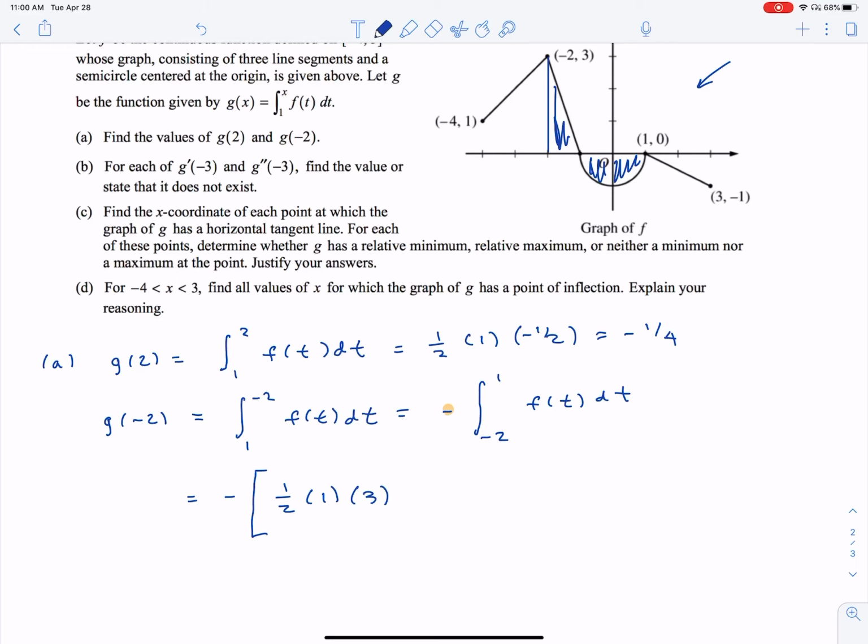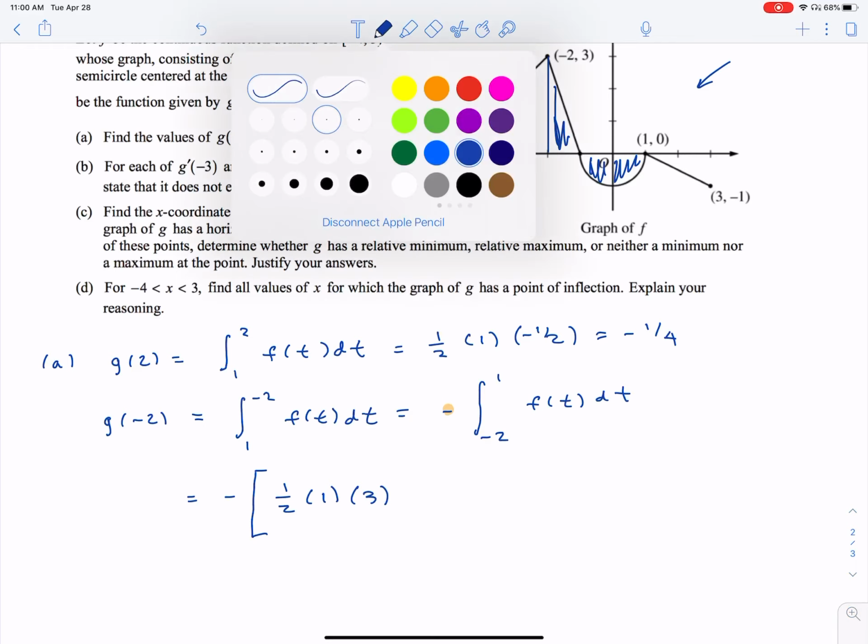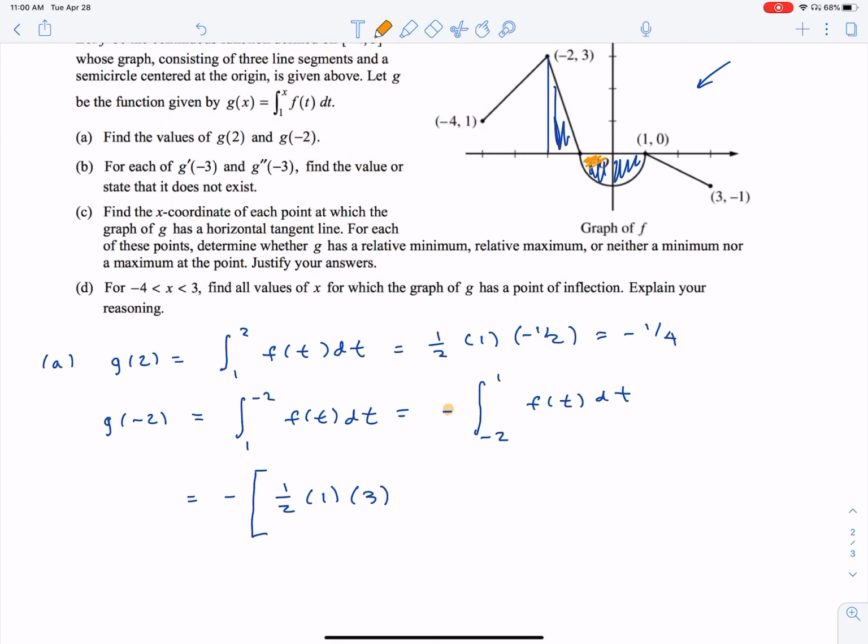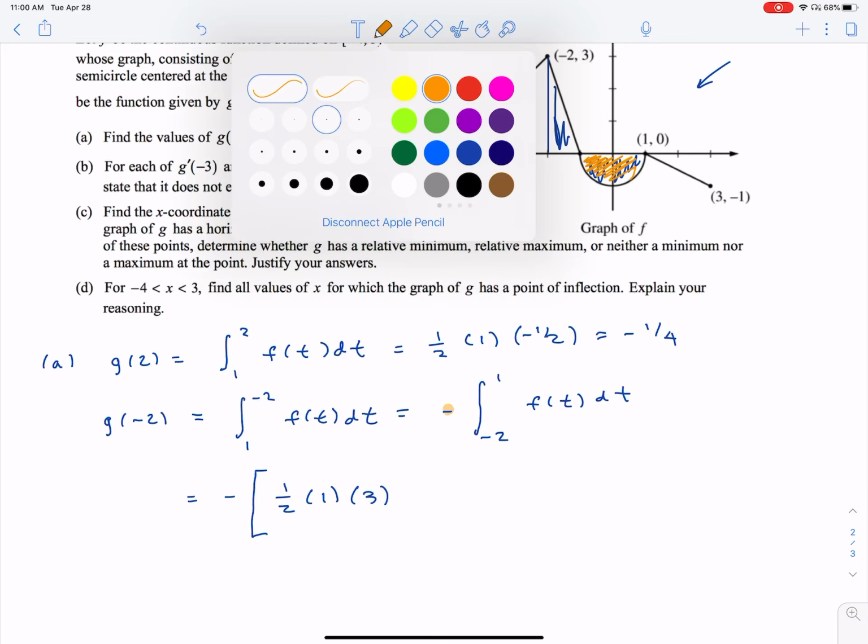Then I'm going to deal with this area right here. Because it's below the x-axis, I want to make sure that that whole thing's negative. Whether I just recognize it as negative and deal with it as a negative, or make one of the dimensions negative, that's up to you.